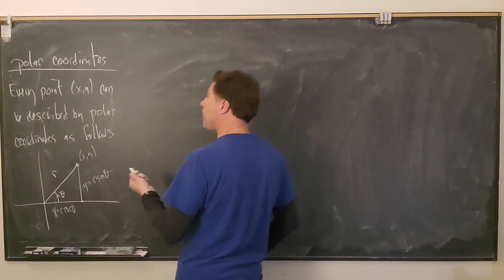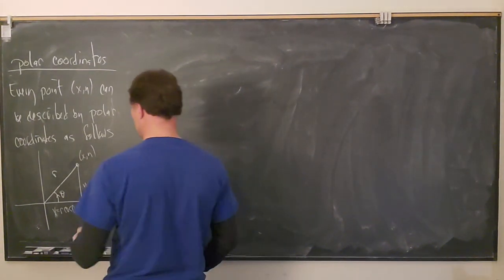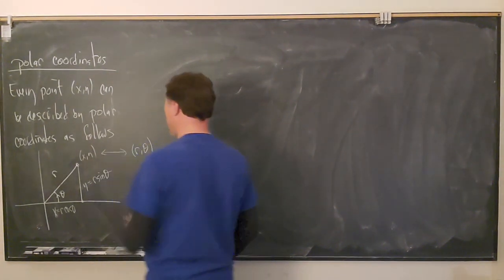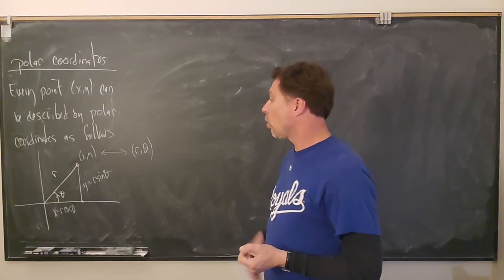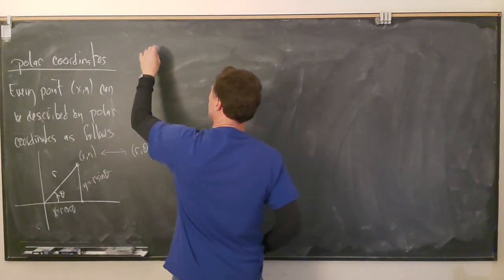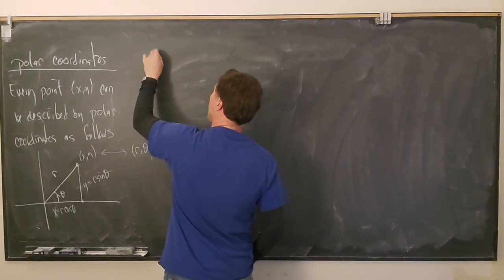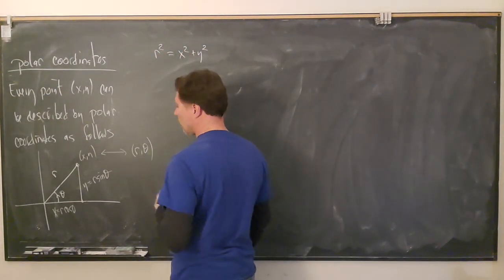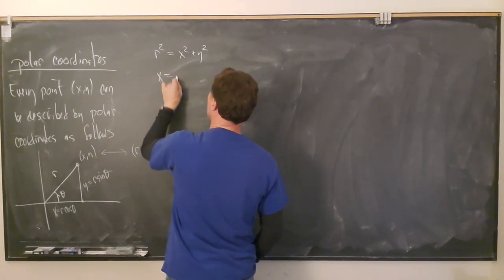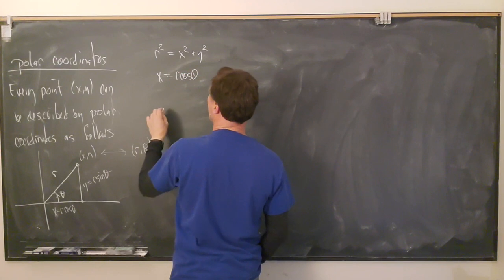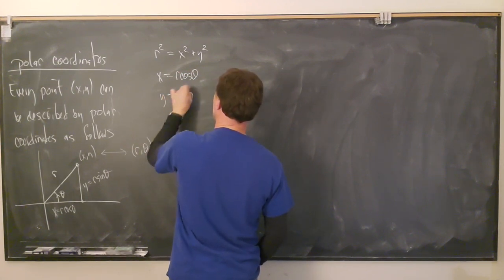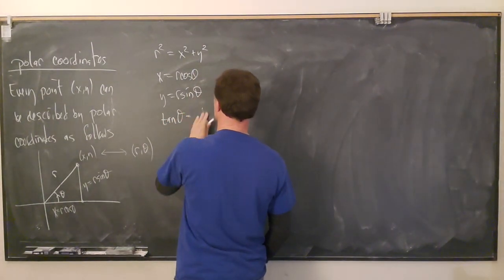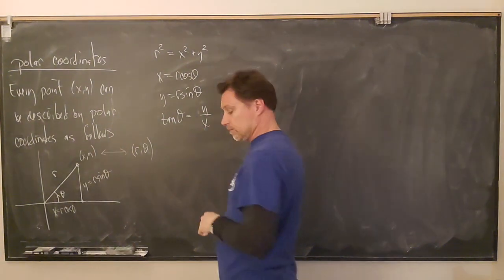So x, y corresponds to the polar coordinates r comma theta, where r satisfies, here are our conversion equations, r squared equals x squared plus y squared, x equals r cosine theta, y equals r sine theta, and also tangent of theta equals y over x.